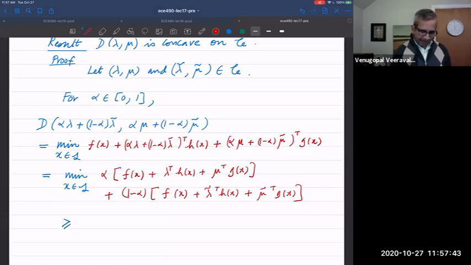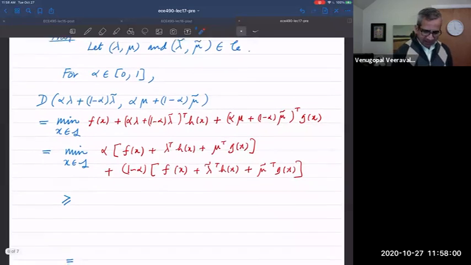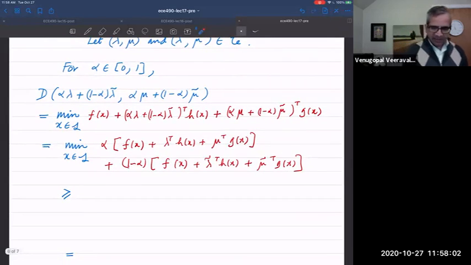All right. So now I have a minimum of a sum of two things, which are functions of x. This guy is one function of x, this guy is another function of x. The minimum of the sum of these functions, I claim, is bigger than the sum of the minima.